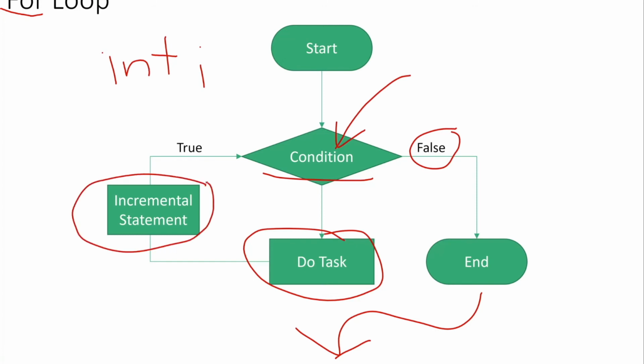So you go into the condition. If it's true, then you do the task. Then you have some sort of incremental statement, like i equals i plus 1. Then you go back to the condition, do the task, do the incremental statement, and keep on doing that until the condition is false and it will end.